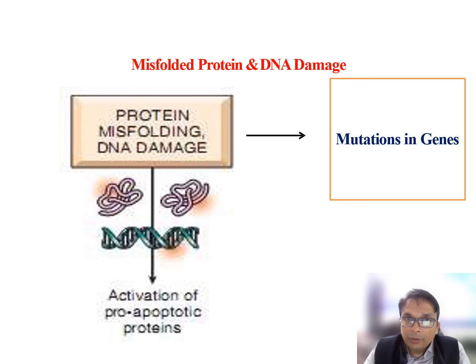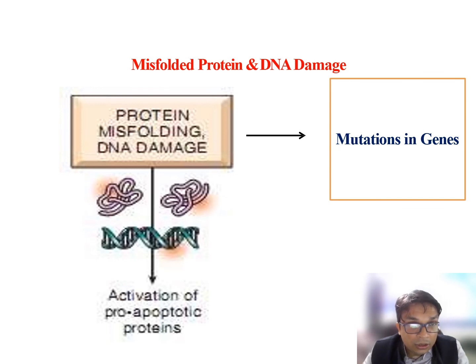An individual cell is able to synthesize 10,000 or 50,000 different types of proteins. If in place of formation of GLUT protein, which is responsible for the transportation of glucose inside the cell, it forms some other protein, will glucose entry be there? No. That ultimately results in a decrease in ATP molecules, that results in DNA damage, that results in cellular injury.